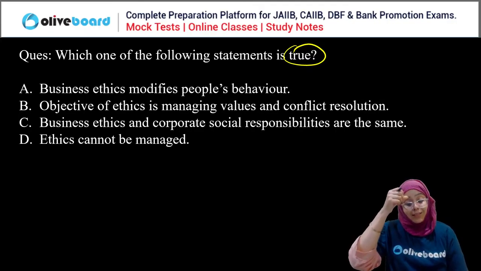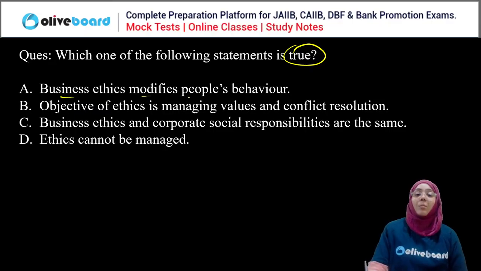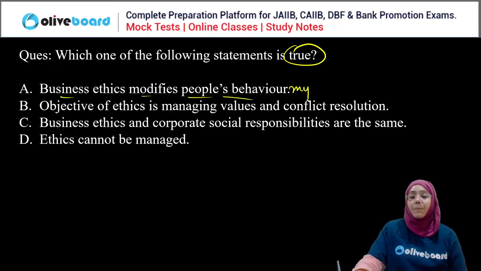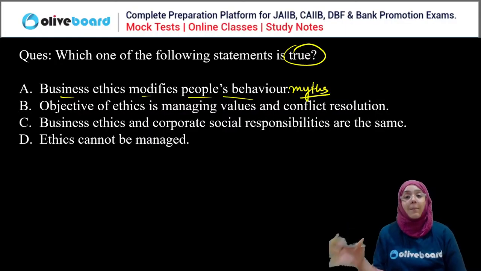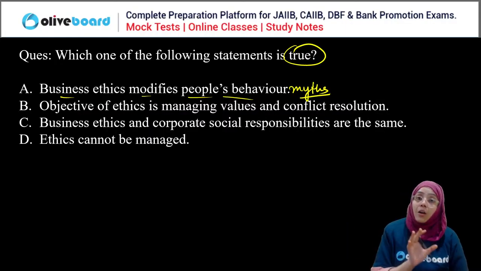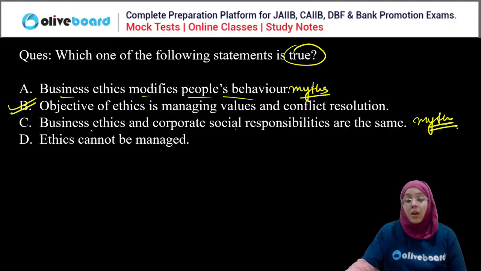So, which of the following statement is true, right? First of all, business ethics modifies people behavior. That is completely a myth. It does not modify people behavior. It just manages your values and helps you to solve the dilemmas and the conflicts, right? So B is the correct thing. Business ethics and CSR are the same? Again, it is a myth. Why?